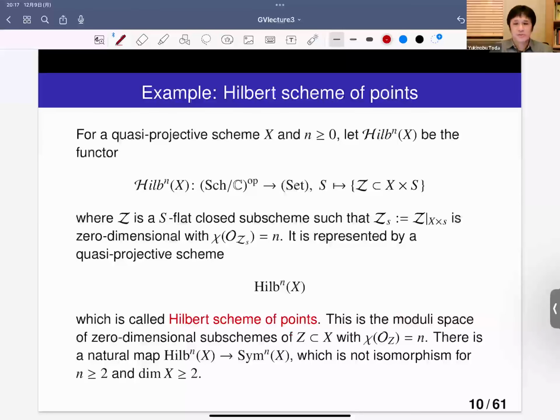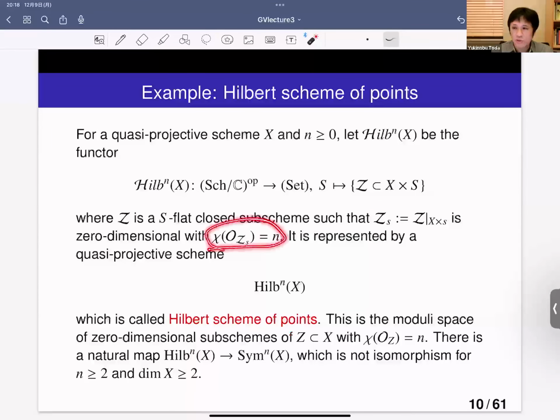Here is another example. So this is a Hilbert scheme of points. For a projective scheme X and non-negative integer n, let Hilb^n(X) be the functor from schemes over C to the category of sets, which sends each scheme S to the flat family of zero-dimensional subschemes parameterized by S. So this is an S-flat closed subscheme such that for each restriction, this is zero-dimensional such that chi(O_Z) equals n.